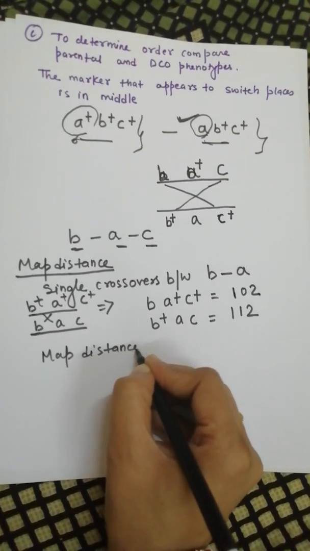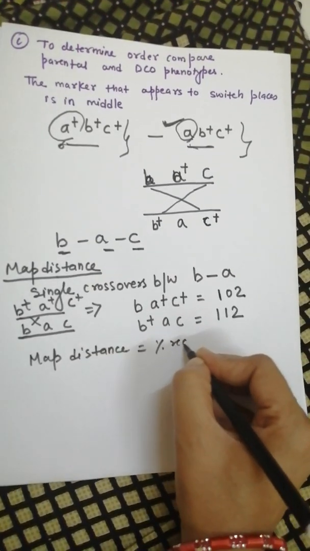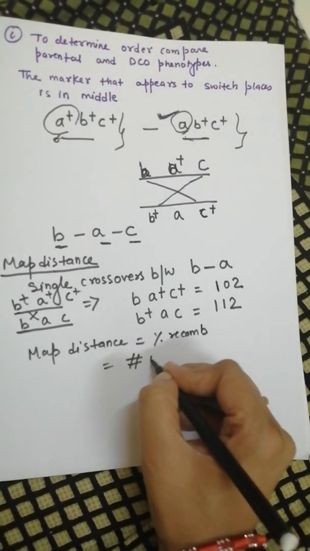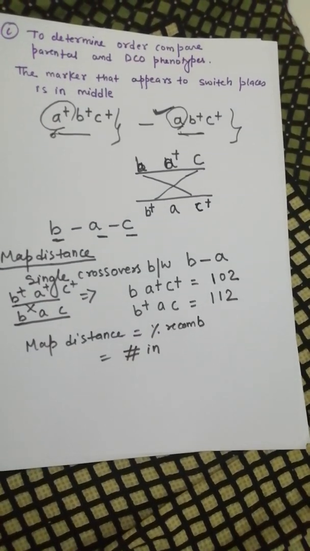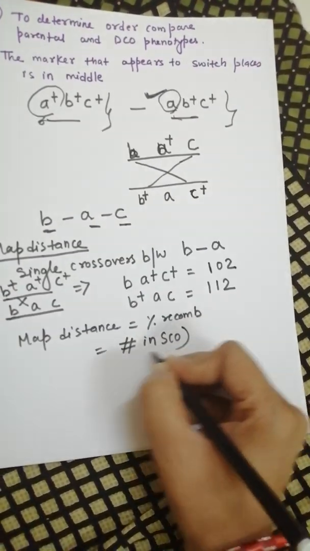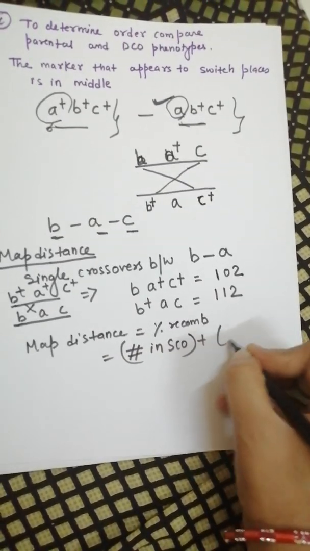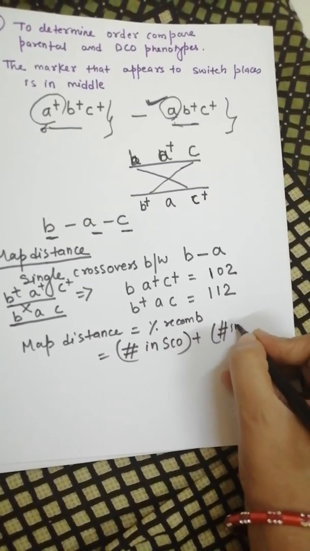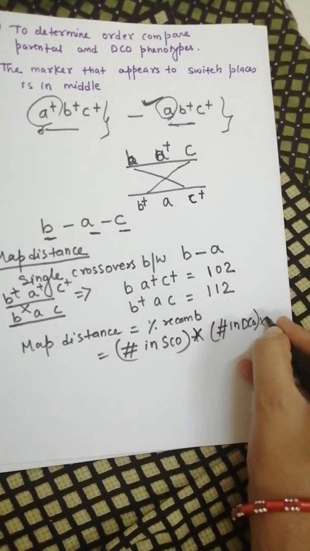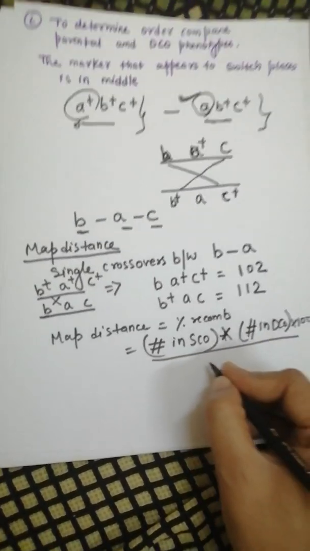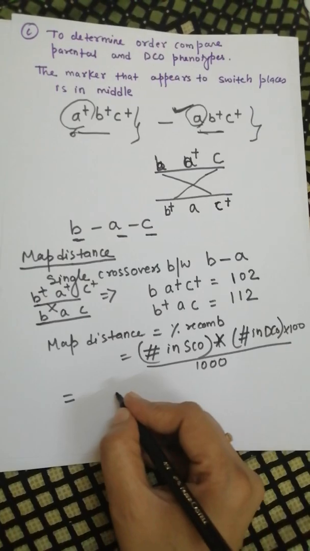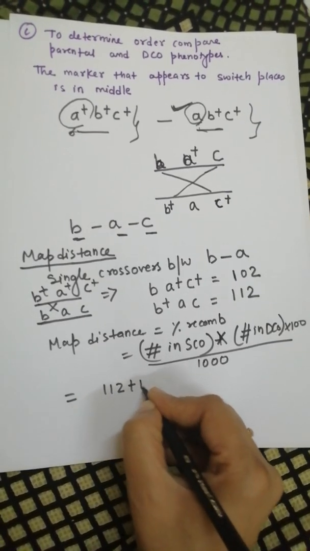map distance is equal to percentage recombinant: number of progeny in single crossover plus number of progeny in double crossover, multiplied by 100 upon 1000. So number of progeny in single crossover is 112 plus 102.